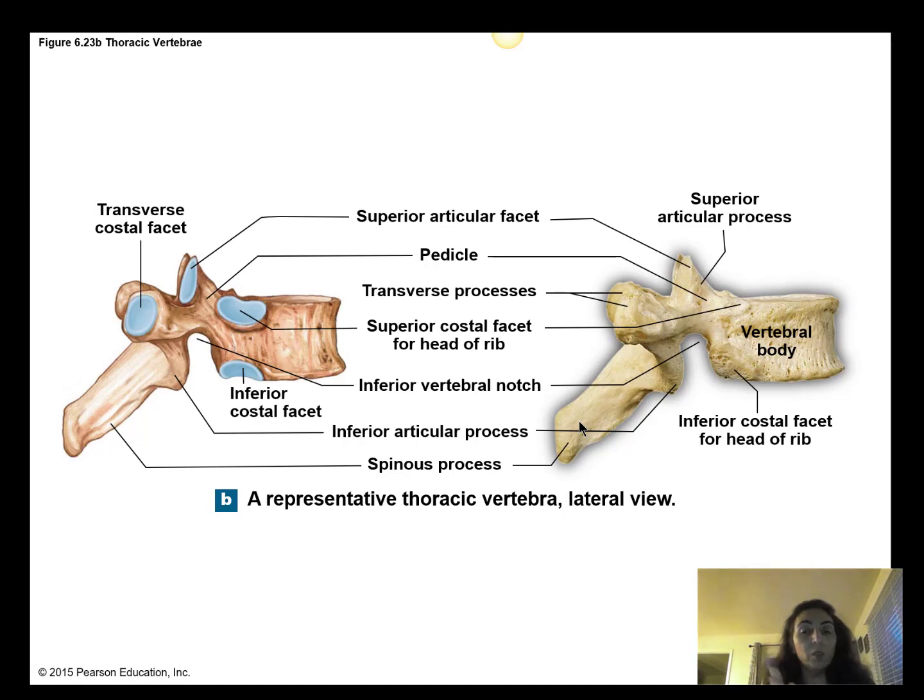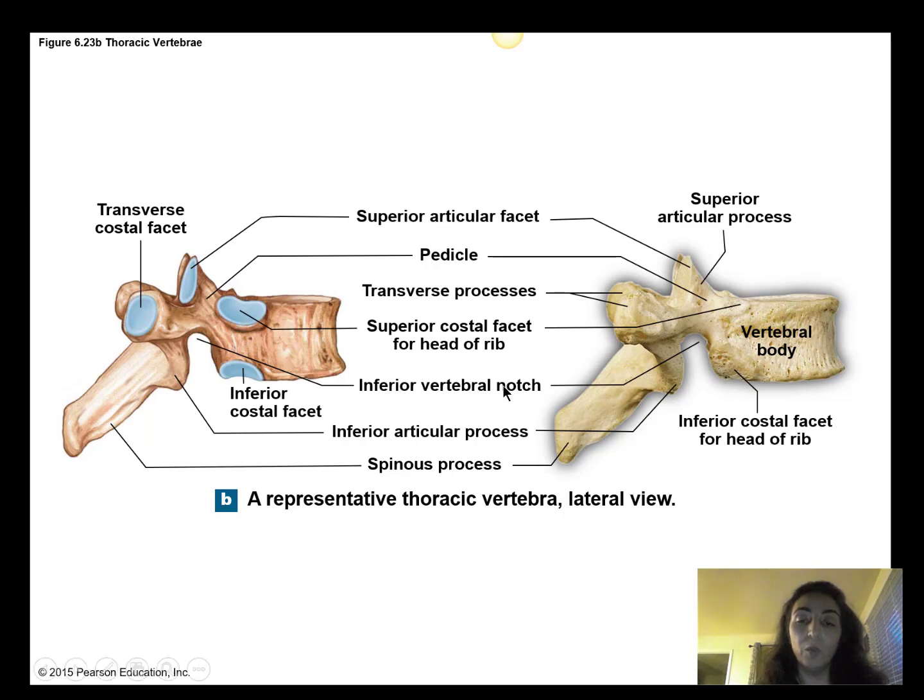Besides this, there are other differences regarding the size of the vertebral body, the shape of the vertebral body, and for example even the shape of the vertebral foramen, or even the way that the articular processes are located.